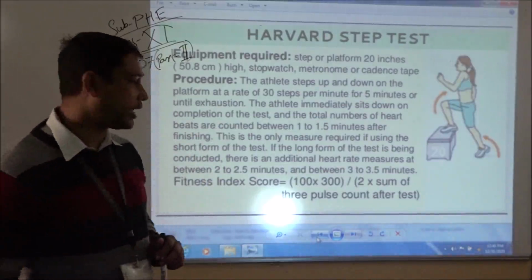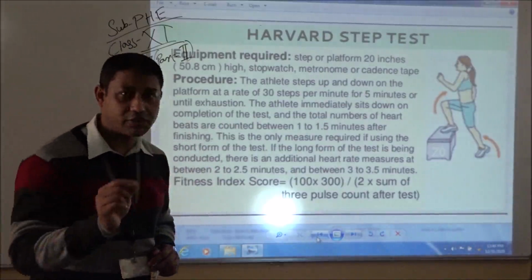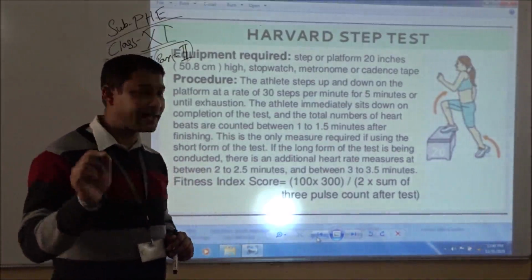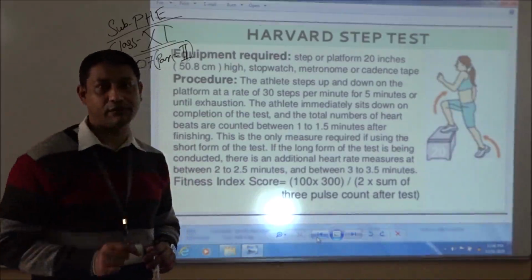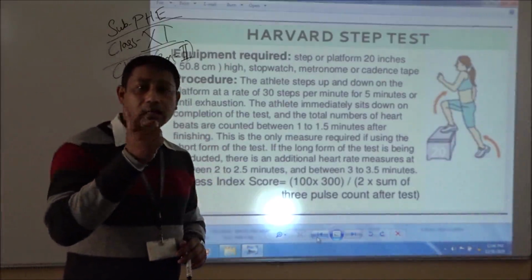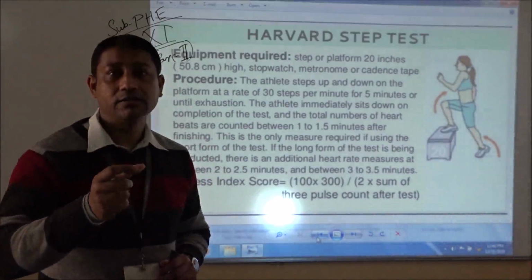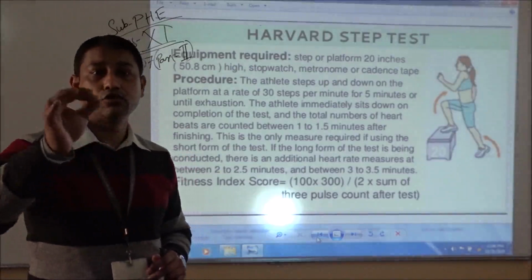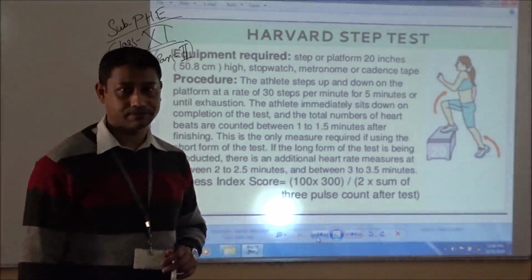The short formula is 100 into test duration in seconds divided by 5.5 into the heart rate calculated during 1 to 1.5 minutes only.